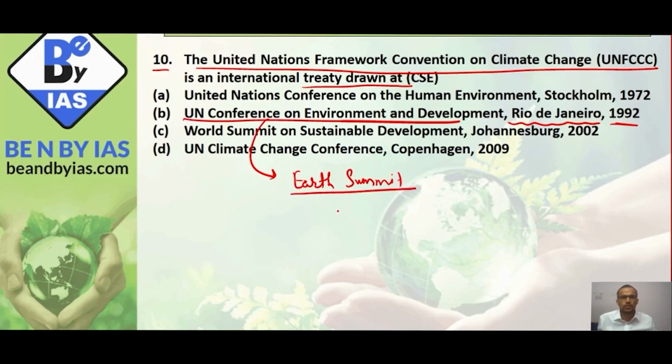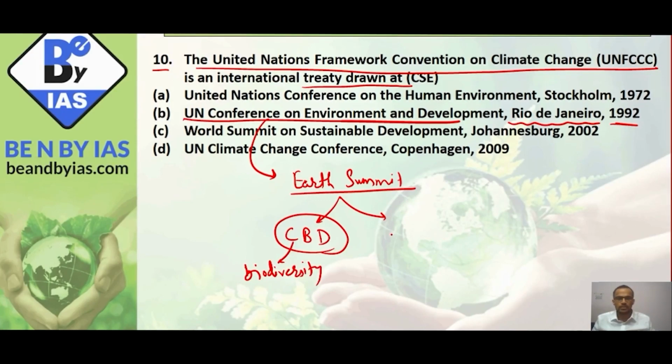At this particular summit, two important conventions came up. They are the CBD, the Convention on Biological Diversity, which looks for the conservation of biodiversity.